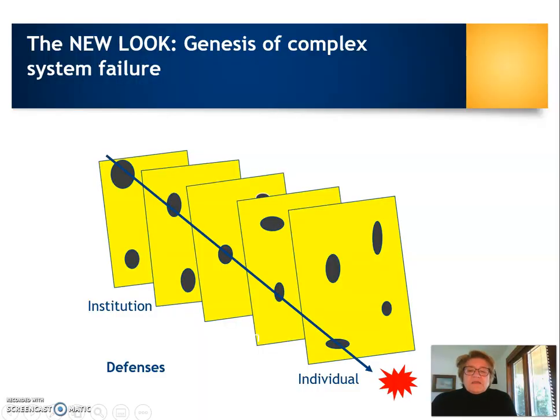Swiss cheese model, I think you guys have probably seen this. It says gaps line up causing the error, and there's system gaps. And when everything lines up correctly, you have the error. And near misses are really the individual at the front line blocking that last hole or a hole previous to that in the Swiss cheese. That's why it's important to cite that.